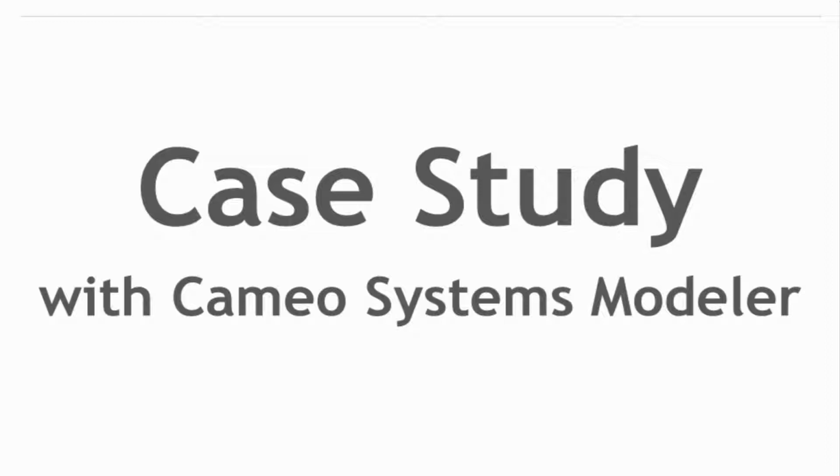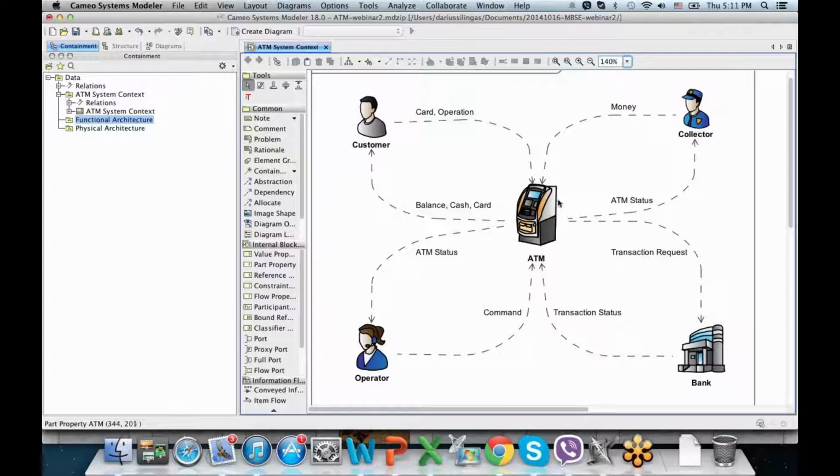I will try to zoom it a little bit so that you can see more elements on the screen. So in this case, what we are just trying to show is that we will try to implement an ATM, which will interact with customers or cardholders who will try to query the balance or withdraw some cash from the ATM.